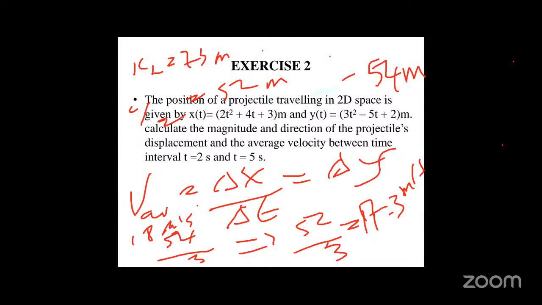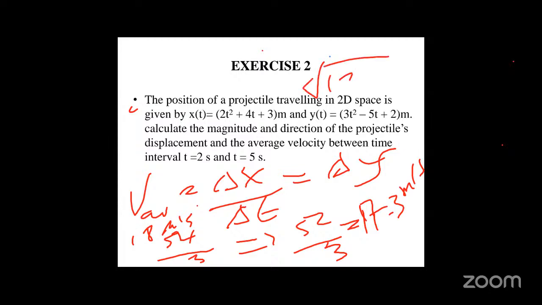In that case, to find the magnitude, we'll have the square root of 18 squared plus 17.3 squared. 17.3 squared is about 300, while 18 squared is 324.